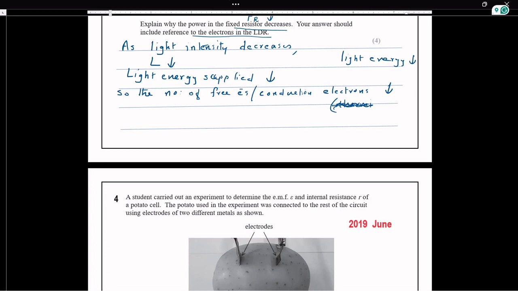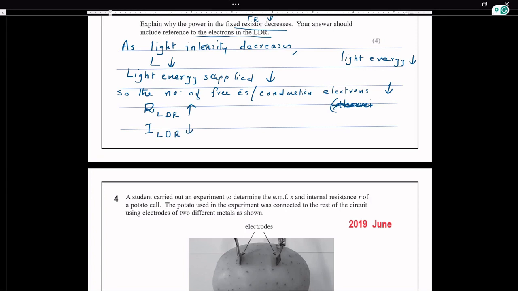Therefore, as the number of free electrons decreases, the resistance of the LDR increases, or I can say the current of the LDR decreases.